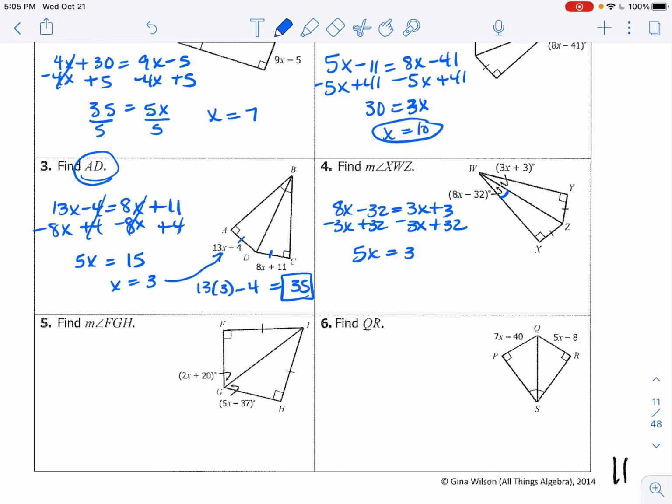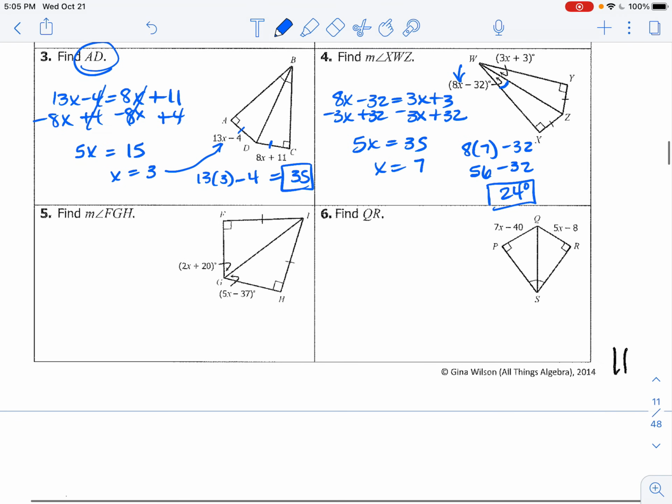We end up with 5x is equal to 35, and so x is equal to 7. If I substitute in my 7 for the x, I have 8 times 7 minus 32. So what is that? 56 minus 32, and we get 24. And that is degrees because we're talking about the angle.